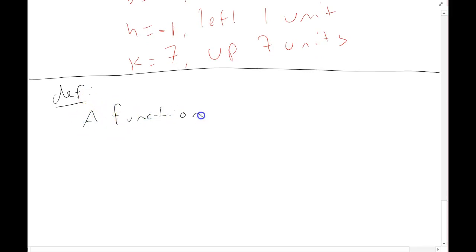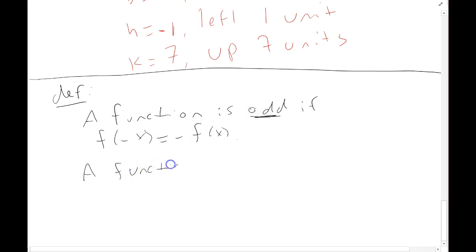A function is odd if f of -x equals -f of x. And we say a function is even if f of -x equals f of x.